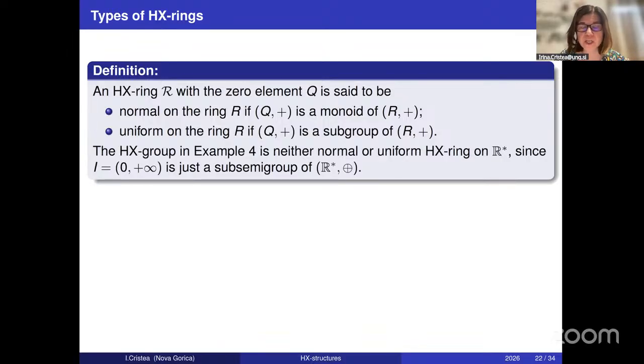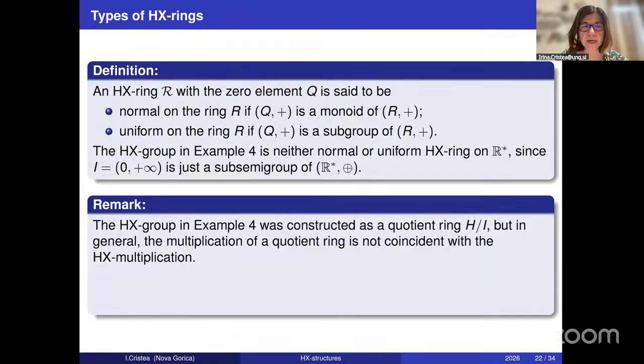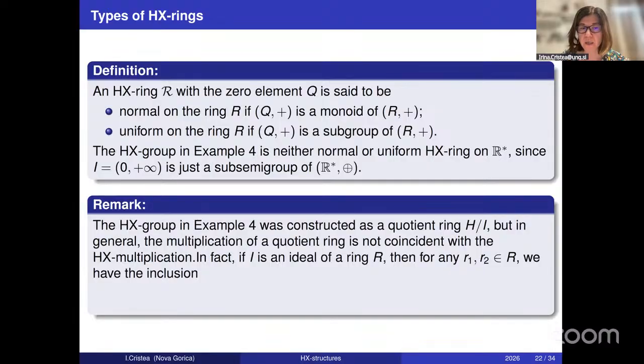The example that I showed you before is neither a normal nor a uniform HX ring on R star. But it was constructed as a quotient ring. In general, the multiplication of a quotient ring does not coincide with the HX multiplication.